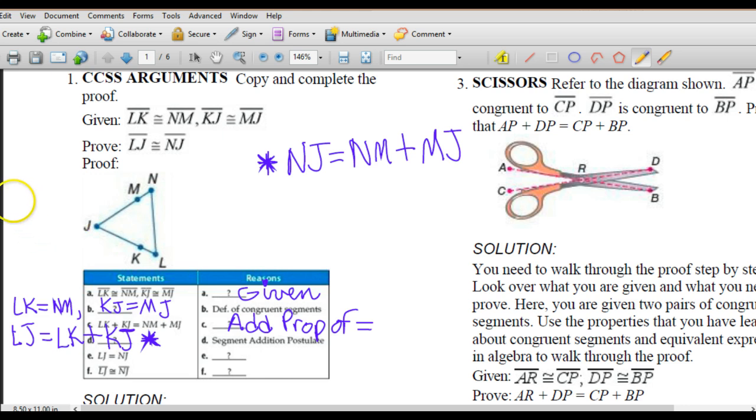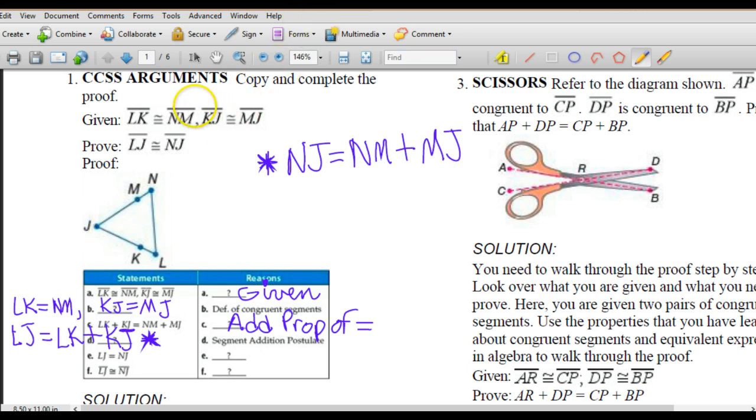Well, LK we know is equal to NM. So I could put NM in place of LK, and KJ we know is equal to MJ. So I could put MJ in place of KJ right here, so that this statement now becomes NM plus MJ.